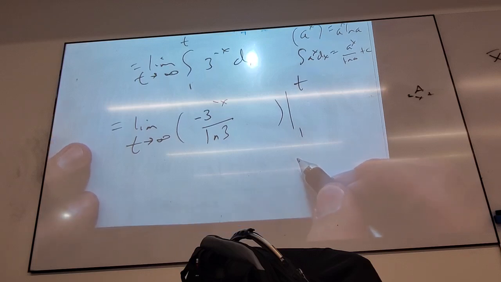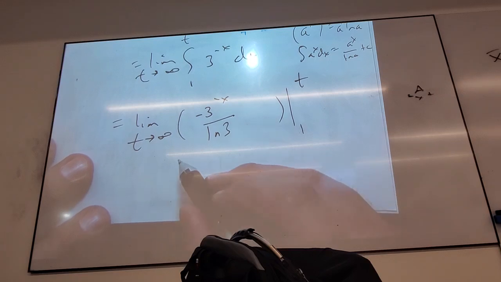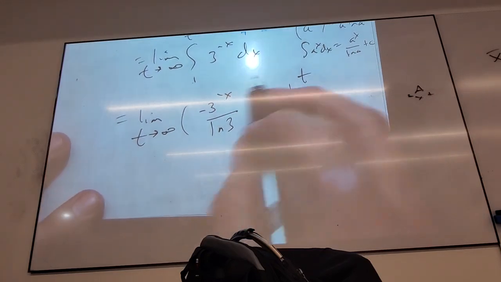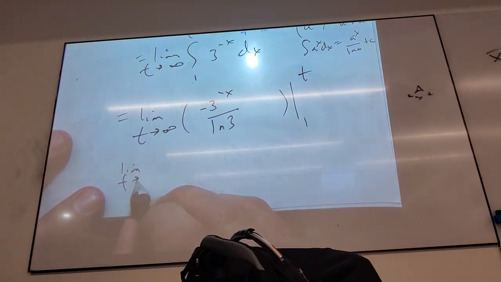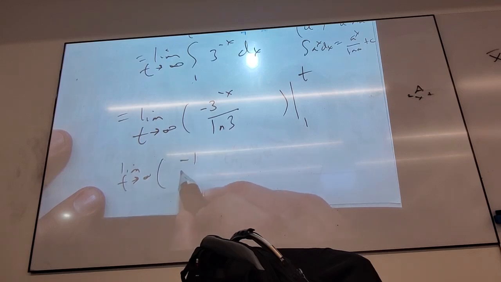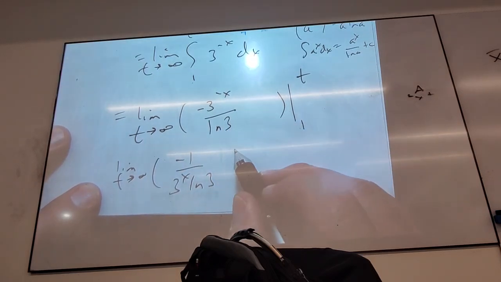You guys semi with me? Maybe? Okay. And now I just have to plug stuff in. So I can rewrite this a little bit, yes? Since I have to evaluate limits, it's a little bit easier to write this as a true ratio, get rid of all your negative powers, right?